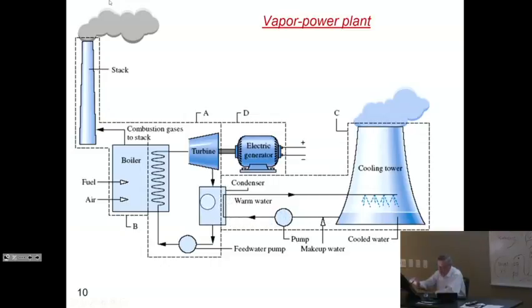It takes the heat out of the water that comes from the turbine, and it puts that heat in the heat exchanger, which is then sent to the cooling tower where it's evaporated, and the heat of evaporation of the cooling water, which makes the steam, also lowers the temperature so that it can be pumped back in. Finally, there is a boiler. In the boiler, you have the water which we described, and you have the fuel that goes in. In the case of a combustion, you have fuel and air. This burns, and the results of the combustion goes up the smokestack.